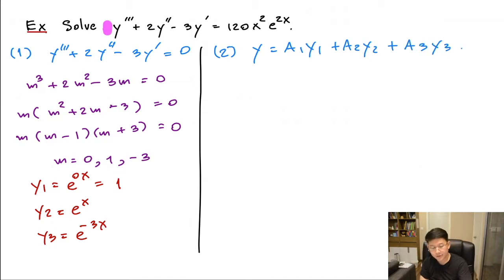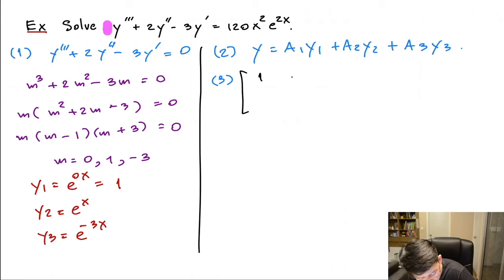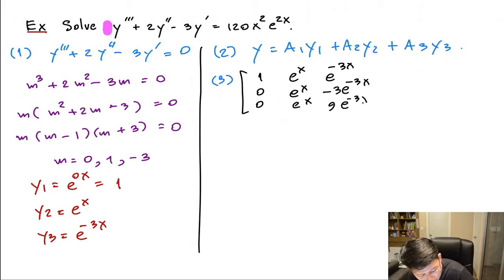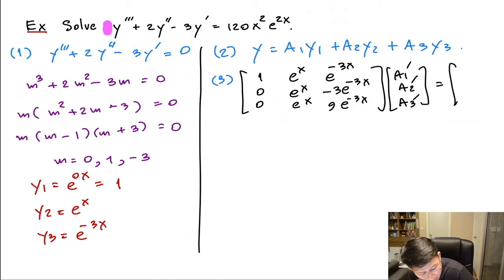Third, we have the system of linear equations, which is, what is it? It is y1, which is 1, y2 e to the x, y3 e to the minus 3x, and then the derivative of y1 0, e to the x, minus 3 e to the minus 3x, then 0, e to the x, 9 e to the minus 3x, and we have a1 prime, a2 prime, a3 prime equals 0, 0, 120 x squared e to the 2x.